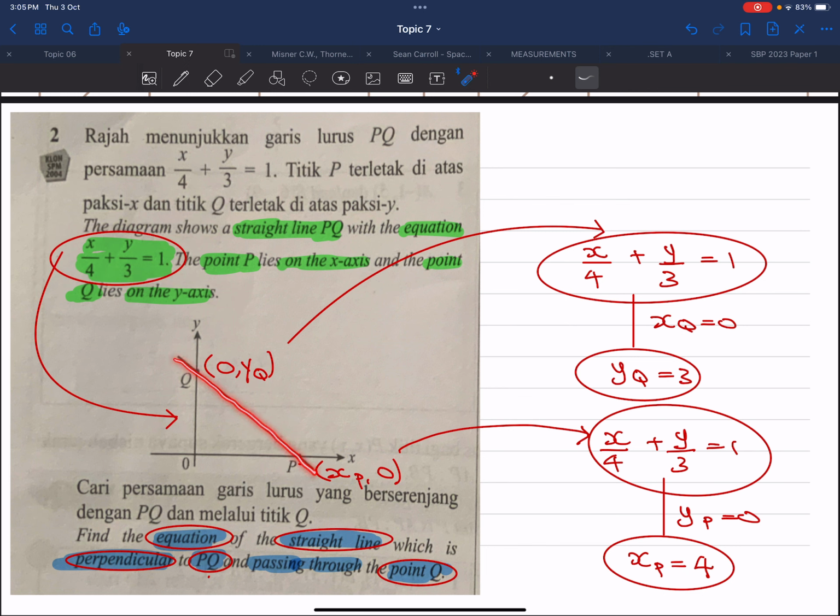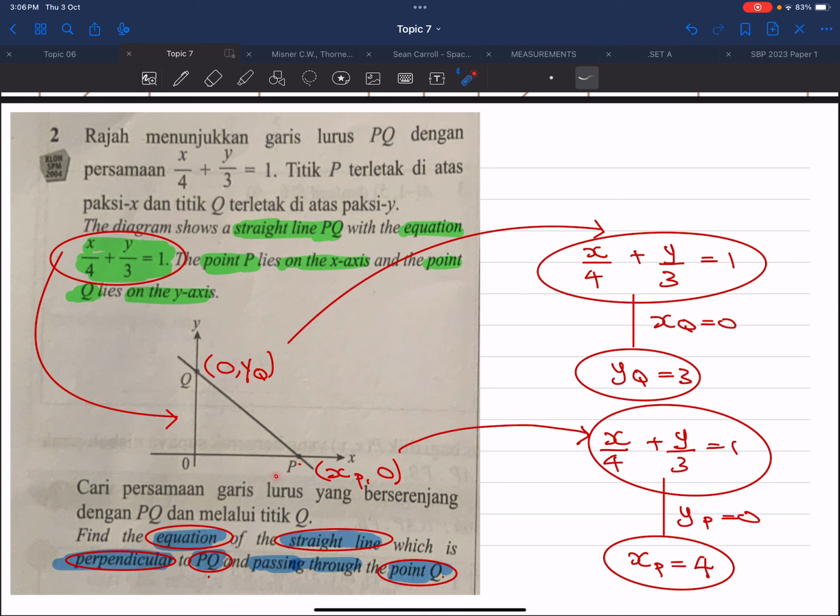Then we have the point P on the x-axis. If you remember your lower secondary, any point must have an xy coordinate.